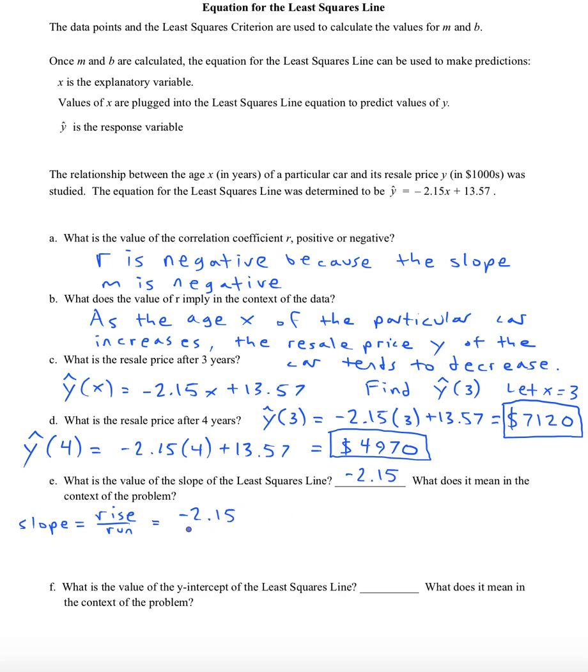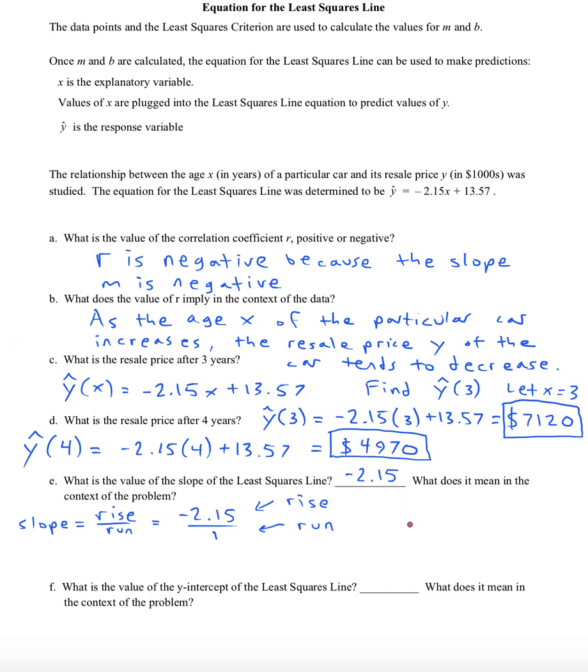So what we want to do is put that over the right number, and when a number is alone like that, you could put it over 1. So that should make it clear how we want to say the meaning of this slope. Let the 2.15 be the rise, and let the 1 be the run. And now let's just describe it in words.